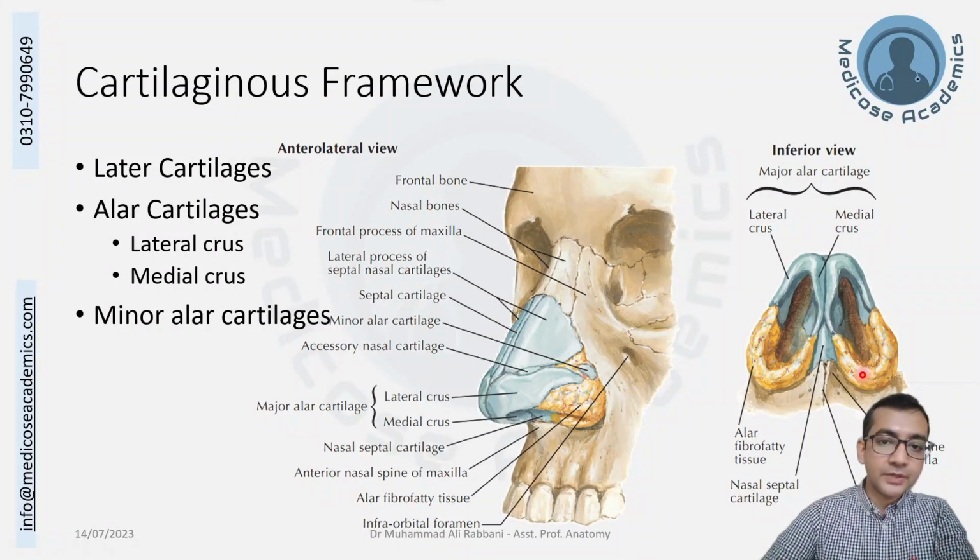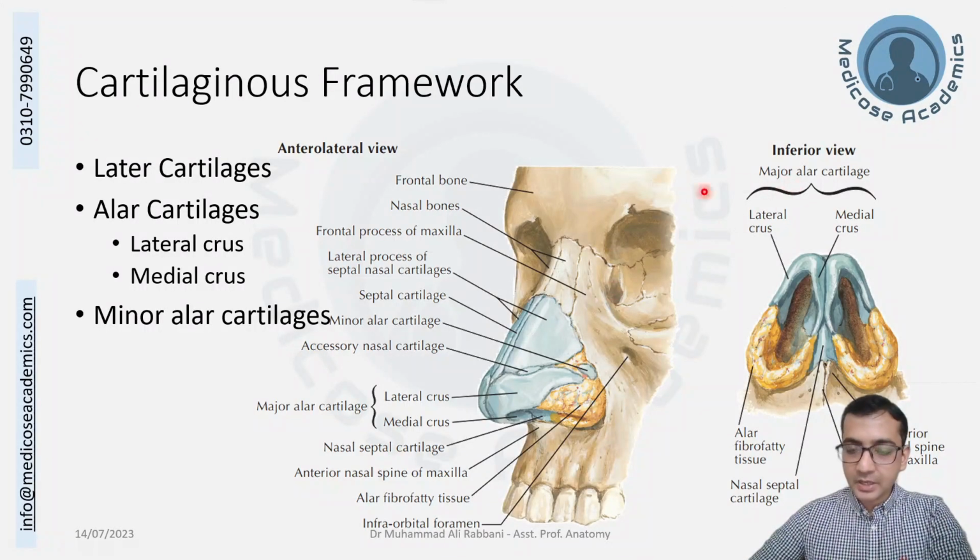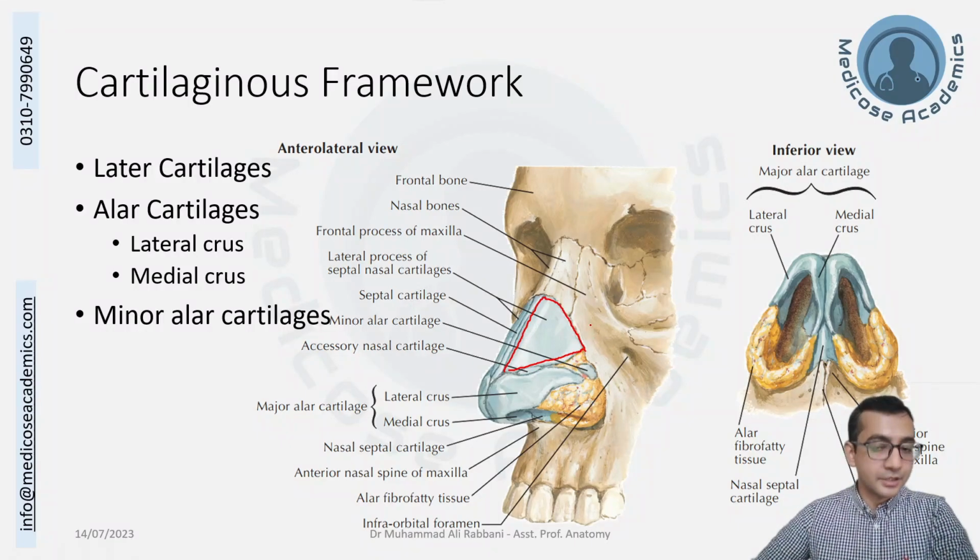Let's add the cartilaginous structures on top of that. First, there are two cartilages present just below the nasal bones. You can see the boundary right here. This is the lateral nasal cartilage.